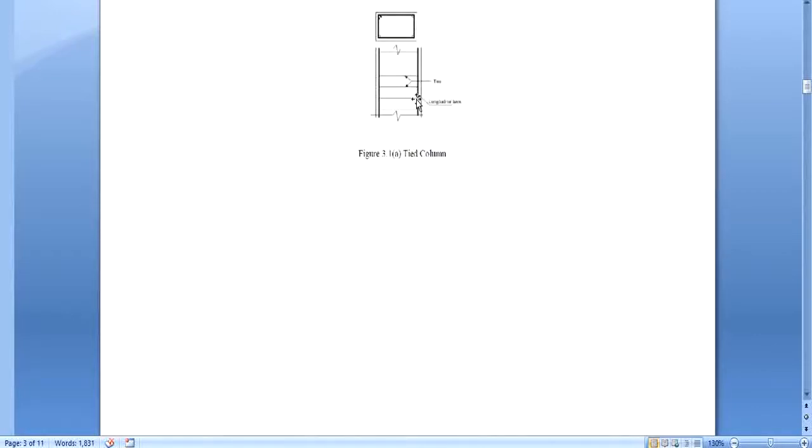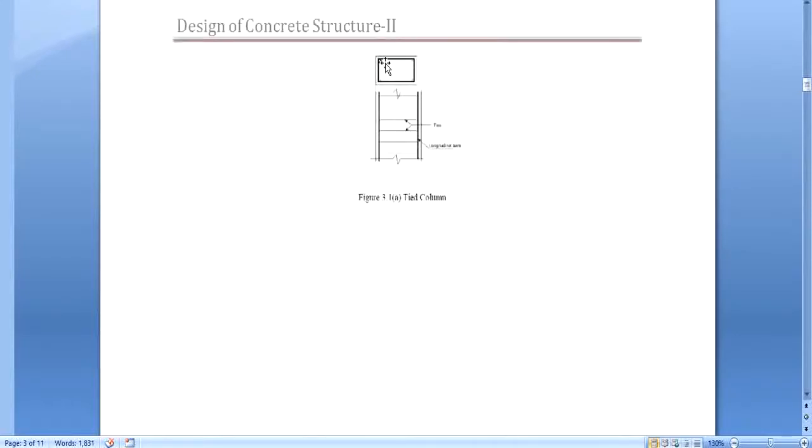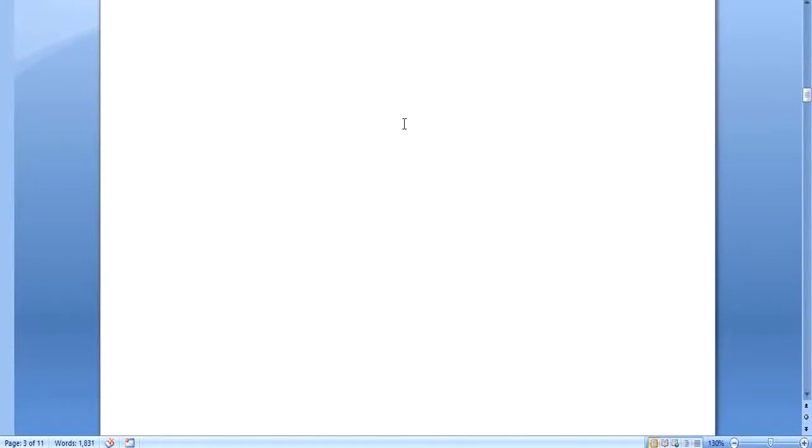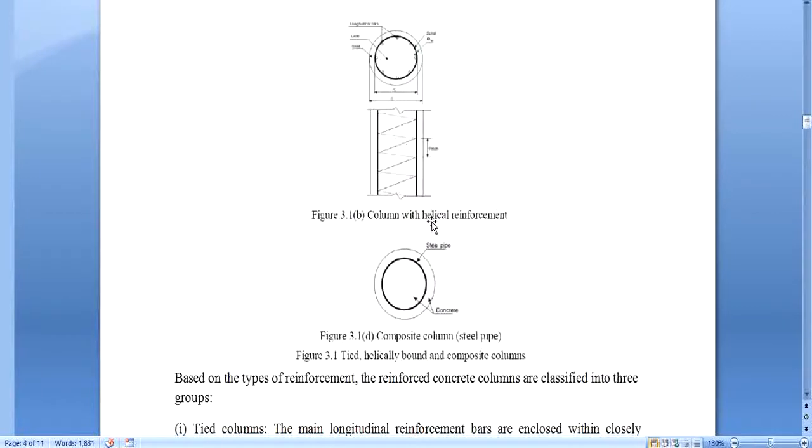So you can see these shown bars, long bars are longitudinal bars and these bars are ties. If you want to see it in the section, these small round shapes are shown as longitudinal bars and this is the tie which is shown. Okay. Similarly, column with helical reinforcement.